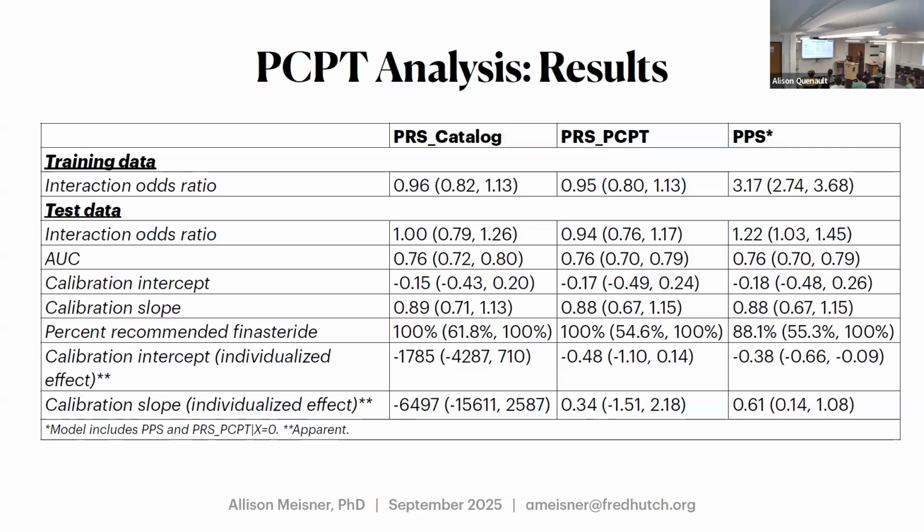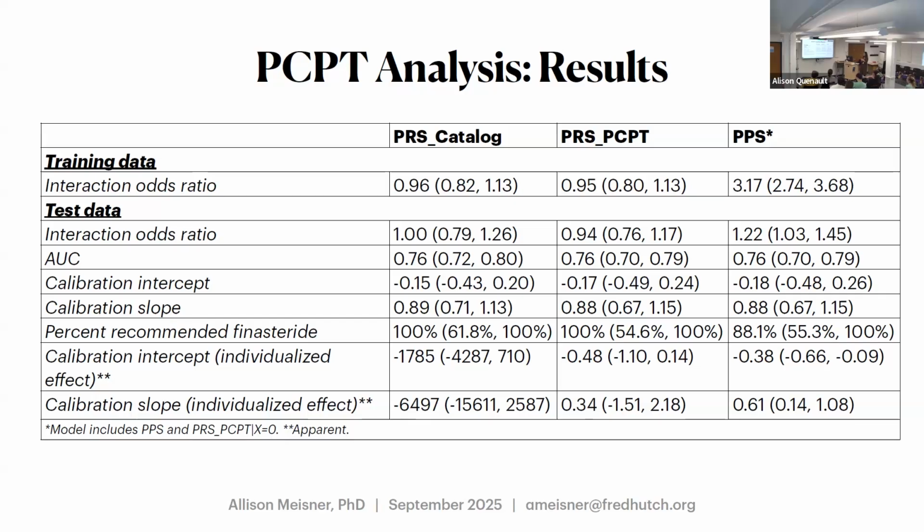So then the last 2 rows are this new calibration intercept and slope measure specific to individualized effects. And I include the asterisk that these are apparent, they're not optimism corrected. And I hope that something funky is going on with the PRS catalog, because again, for calibration intercept, you would hope that would be 0, that there's no overall bias in your estimated individual intervention effects.